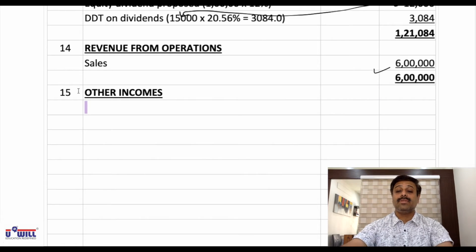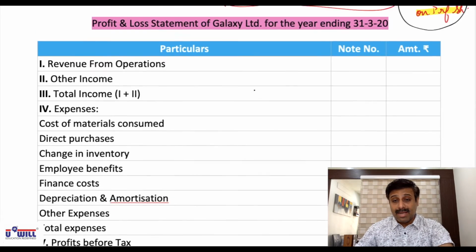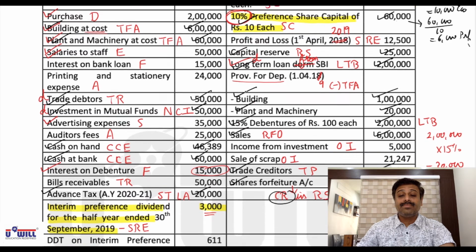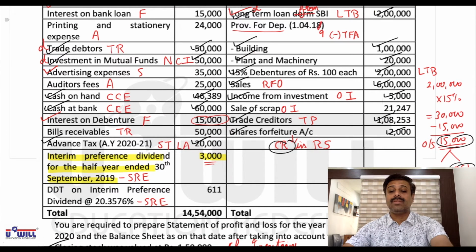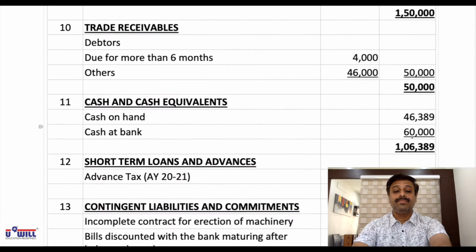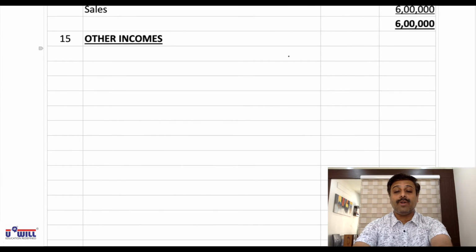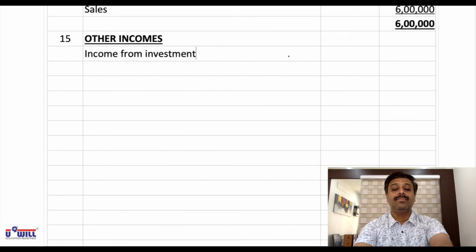OI marked items. What do we have in other incomes in the trial balance? Income from investment 5,000. Then we have sale of scrap.